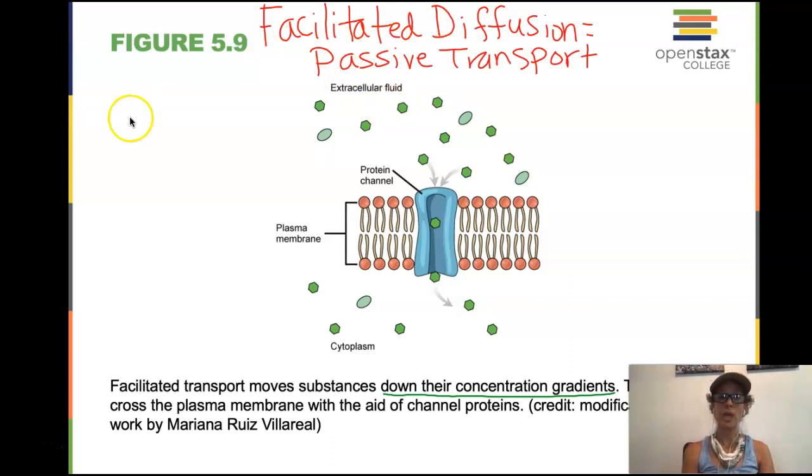In that case, we have some sort of protein channel, a transmembrane protein, and the interior of this channel will be hydrophilic, so that it can interact both with the exterior and the interior, and that will allow the molecules to flow from their hypertonic region toward their hypotonic region until it is isotonic across that membrane.